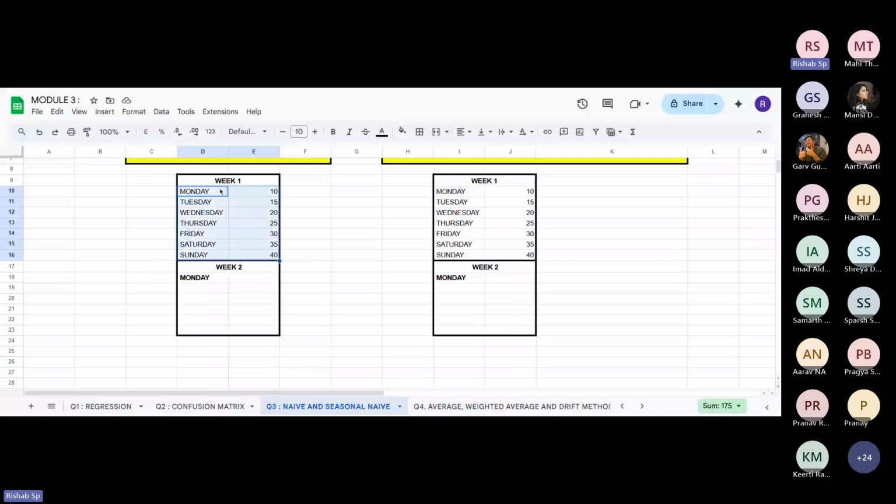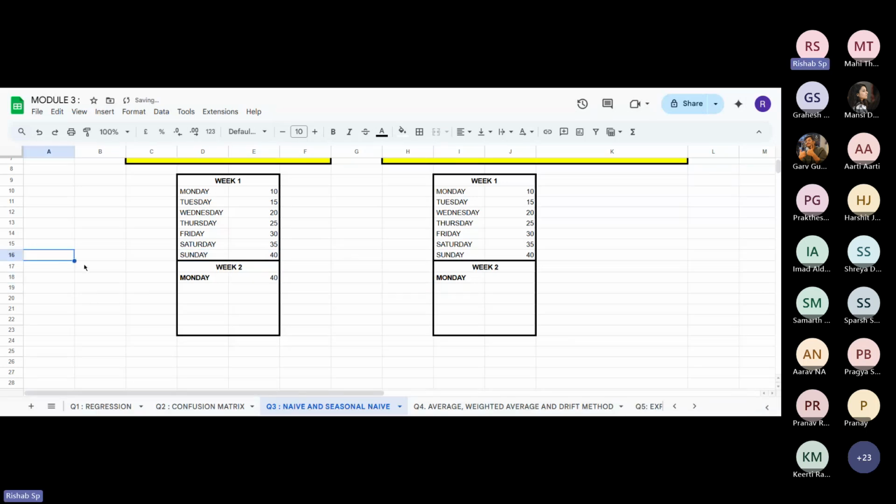Monday to Sunday, we have some data: 10, 15, 20, 25, 30, 35, 40. Someone asked you, predict the data for next Monday using the naive method. What will be the value? Here we use the same value that we have on Sunday, just the previous data point. So here it is 40. So we use 40.